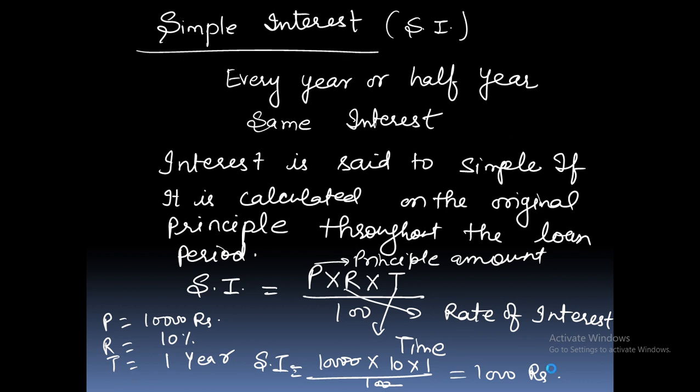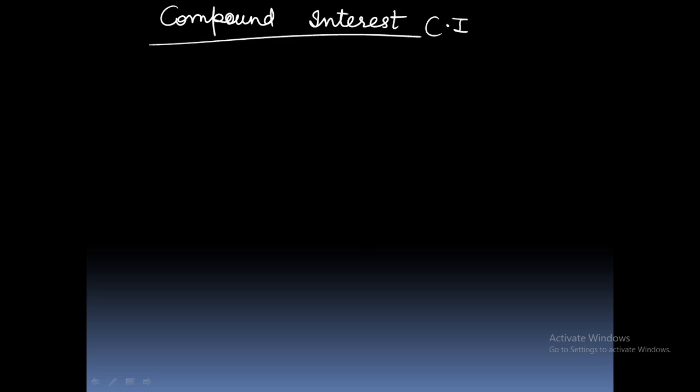Now the next point is compound interest. This is represented by the abbreviation CI.